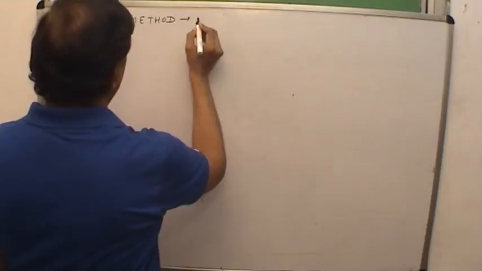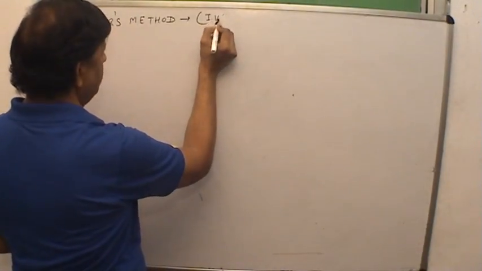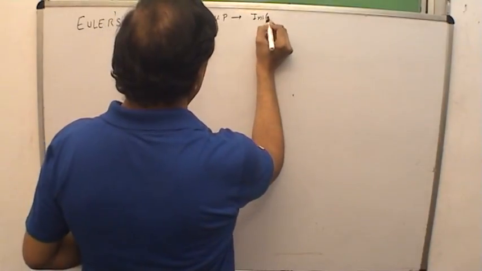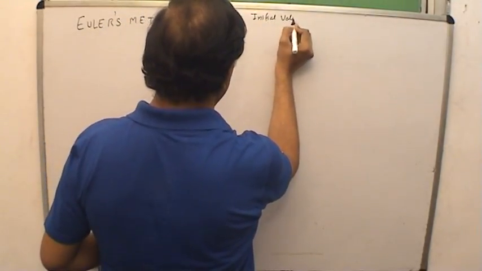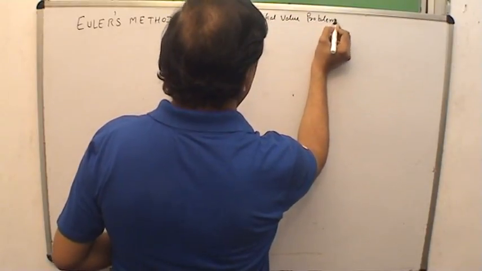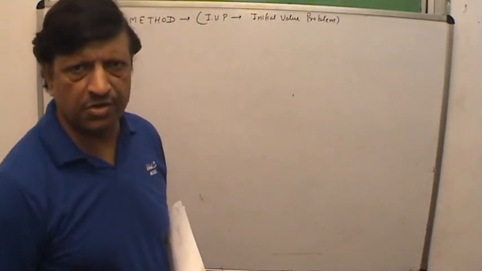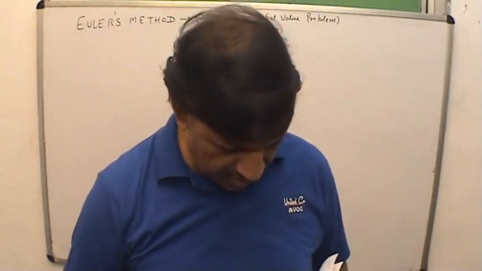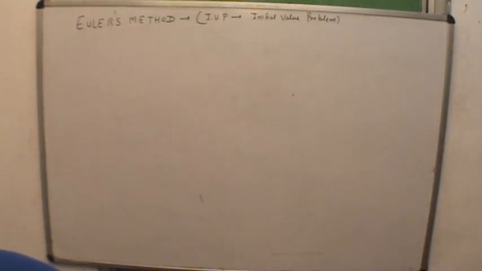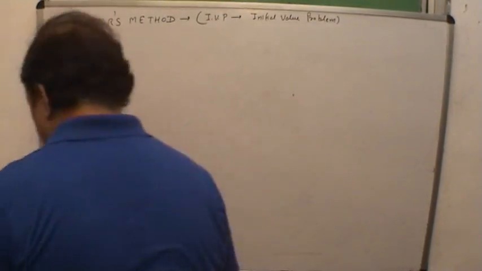For solving the IVP, the initial value problem, or the linear differential equations, simply we call them linear differential equations. First we see the procedure for Euler's method.